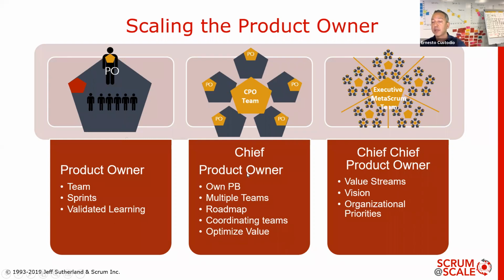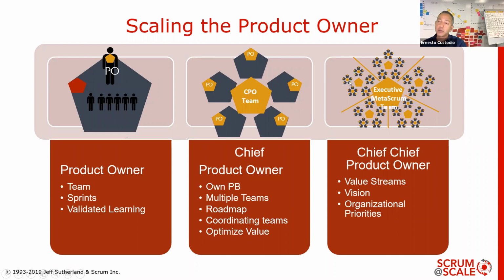The chief product owner owns the product backlog. Multiple teams are coordinated through the chief product owner. They're in charge of the roadmap, of coordinating teams, and of course, optimizing value for the product, optimizing value delivery. The chief product owner is responsible for optimizing value delivery.